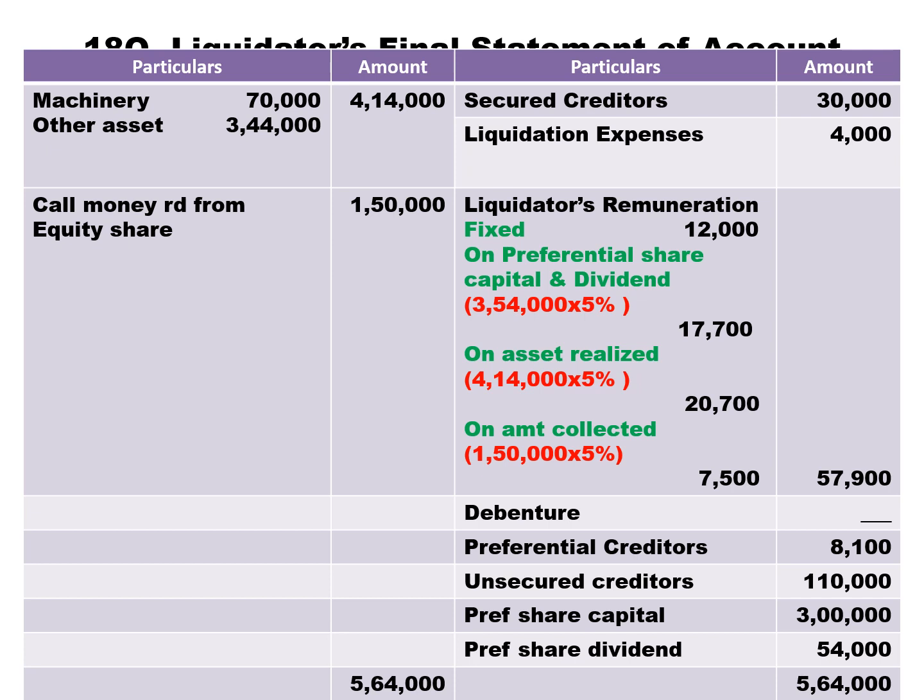Because when you calculate remuneration on preference capital and dividend, it means preference capital and dividend are paid. Without paying capital and dividend you can't calculate remuneration. So preference capital 3 lakh and preference dividend 54,000 have to be paid.